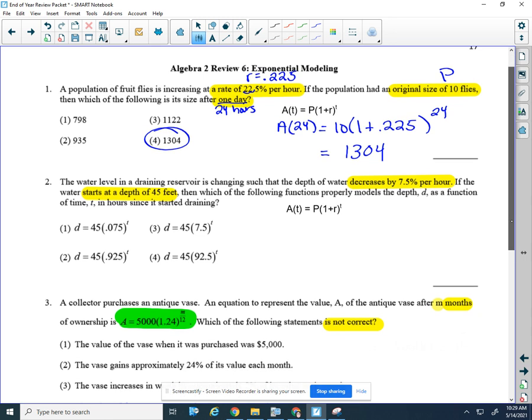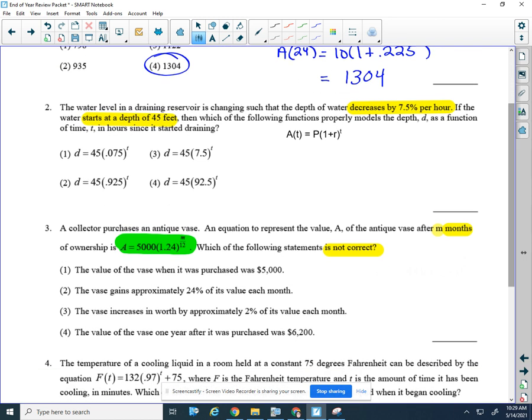Number 2, this is using the same formula, except this time it's a decreasing function. The water level in a draining reservoir is changing such that the depth of the water decreases by 7.5% per hour. So that is our rate, and it's a negative 0.075. If the water starts at a depth of 45 feet, starting as our p-value, then which of the following functions properly models the depth, d, as a function of time in hours since it started draining?